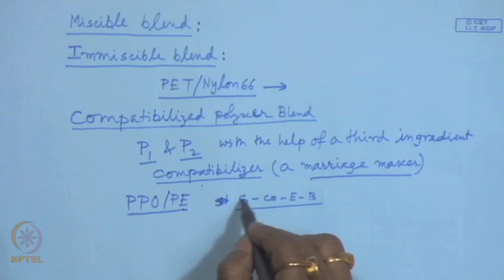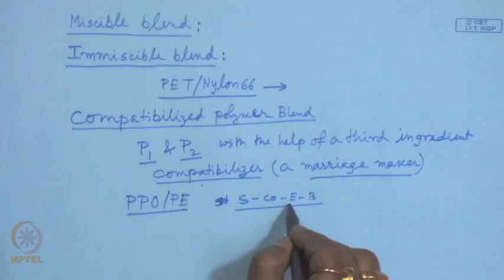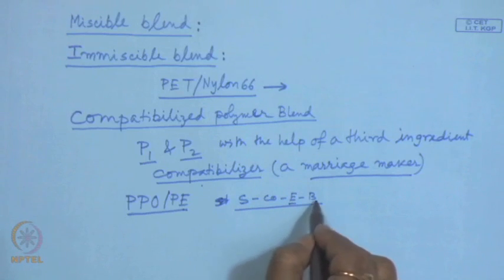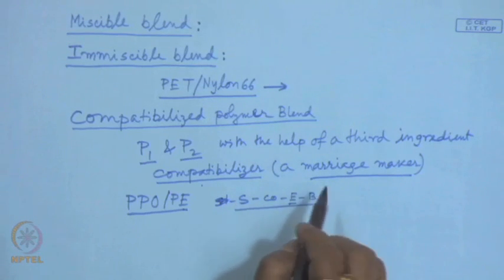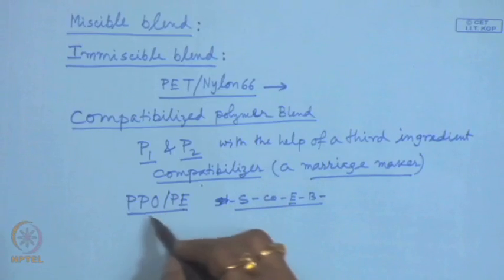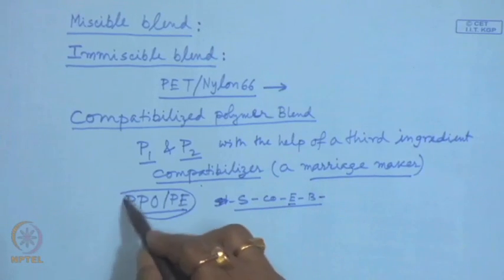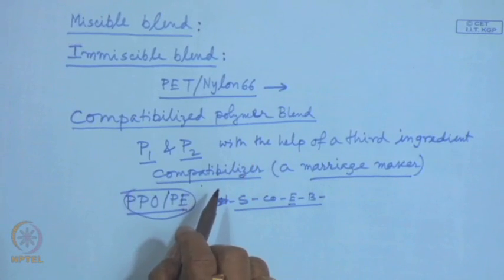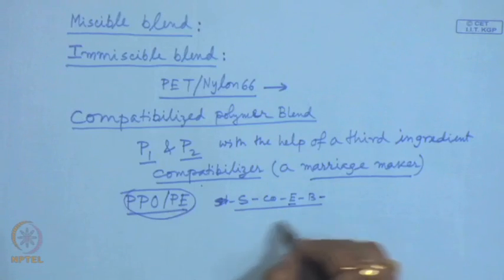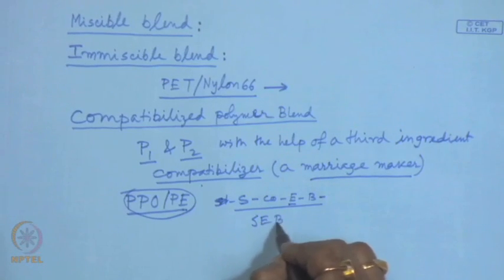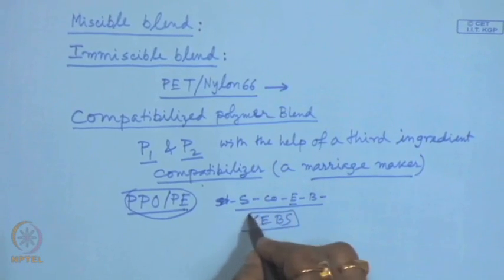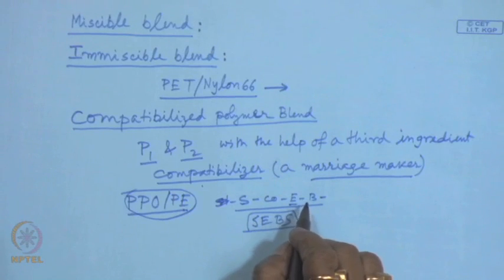Because of the presence of the phenyl ring of styrene, the ethylene unit, and the butylene unit, these help to make these two component polymers miscible. So, this is known as SEBS. SEBS can be used as a compatibilizer, can act as a compatibilizer.